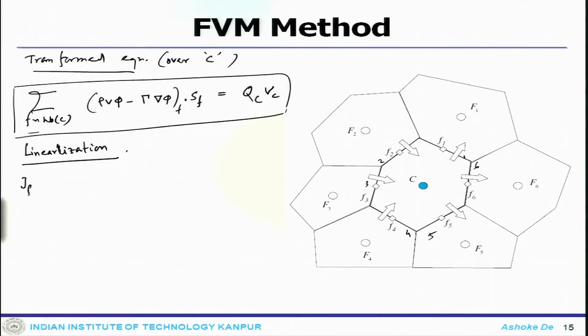You had this total flux J_f dot S_f. So, you can say this is the total flux, and that can be realized as the flux C_f plus flux F_f plus flux V_f.